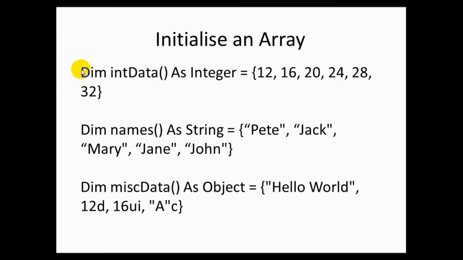Here we've got dim int data as integer, and this is simply a list of numbers, and this is how we declare or initialize our array. Here's a string array. Pete, Jack, Mary, Jane, John, dim names as string. And then we can also declare an object.